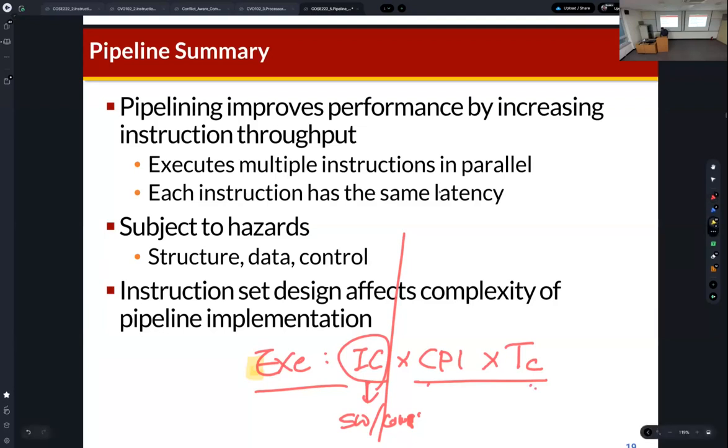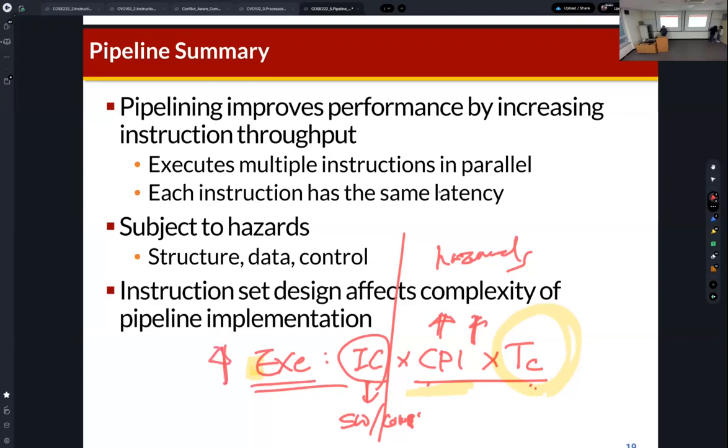Using pipelining, we can reduce TC. We can reduce TC using the pipeline architecture. But CPI, the clocks per instruction, can be increased by hazards. If clock cycles are wasted, then CPI will be increased, so execution time will be increased.